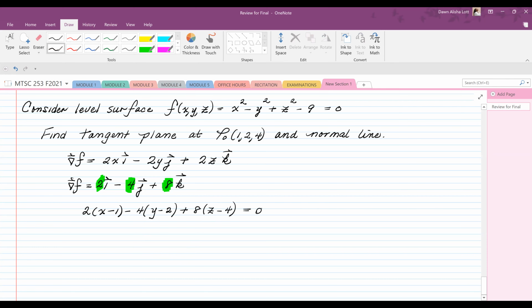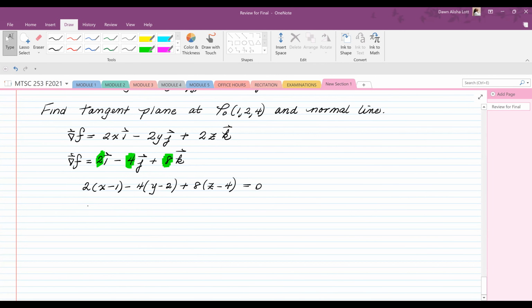Okay, and what's the normal line? How do you find the normal line again? So remember, a line can be written 3 different ways: vector, symmetric, and parametric. For me, the symmetric is always the easiest. So you would take x minus 1 over 2 equals y minus 2 over -4 is equal to z minus 4 over 8.